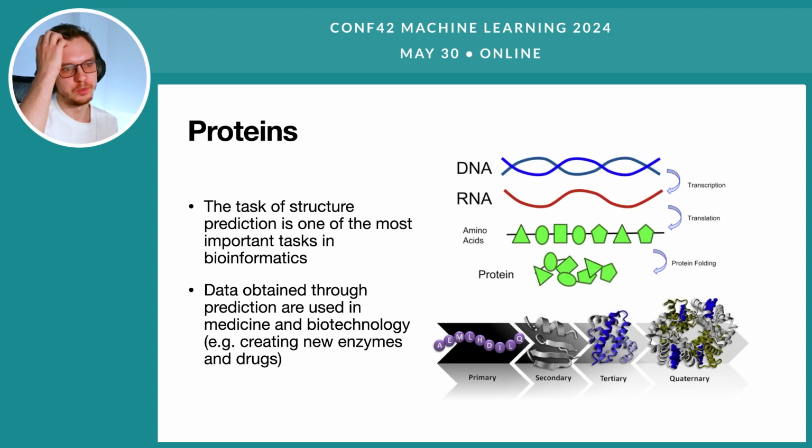And the third way we can describe the structure of a protein is its tertiary structure. So it's the whole 3D structure of one chain of protein. And finally, we can describe the structure of a complex of proteins, so multiple chains interacting together.